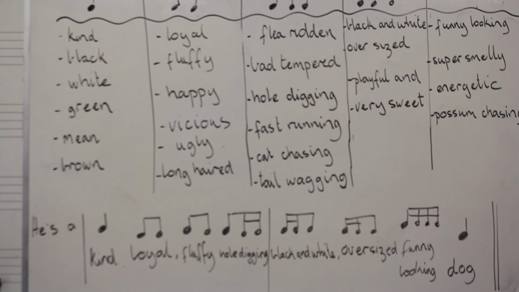Then get yourself a bit of paper, and just as I've done down there, I've written the words and the rhythms above it, and then I've practiced saying it in that rhythm. So what I'd like you to do is, for your 1-beat rhythm, I'd like you to write it down, maybe take a photo of it and record yourself saying it. And then do the same for your 2-beat rhythm, then your 4-beat rhythm, and then your 8-beat rhythm.